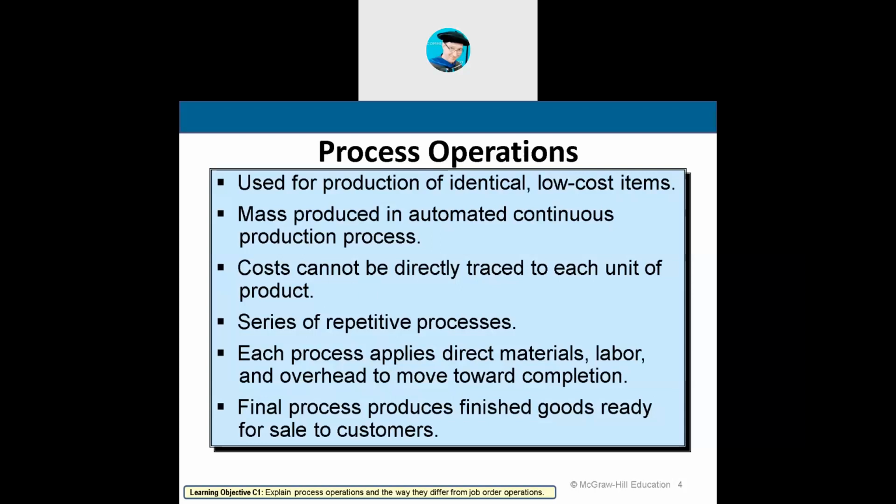Process costing is we make the same product over and over and over again. It's identical. Low-cost products. Think of a manufacturer that makes bottled water. A bottle of water is very simple. You got the plastic, you got a label, you got the water, and you have a cap.